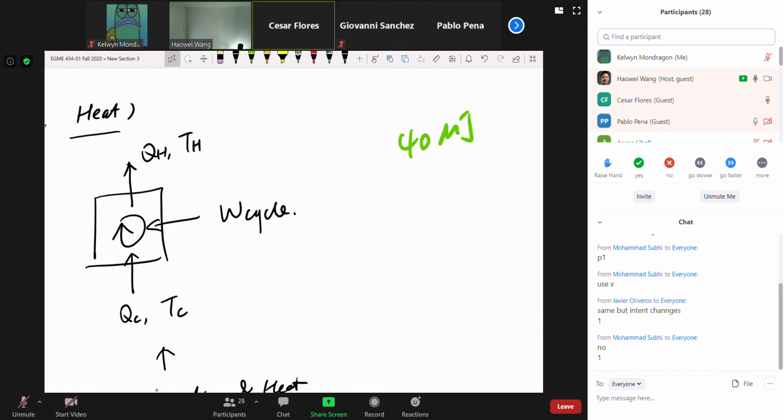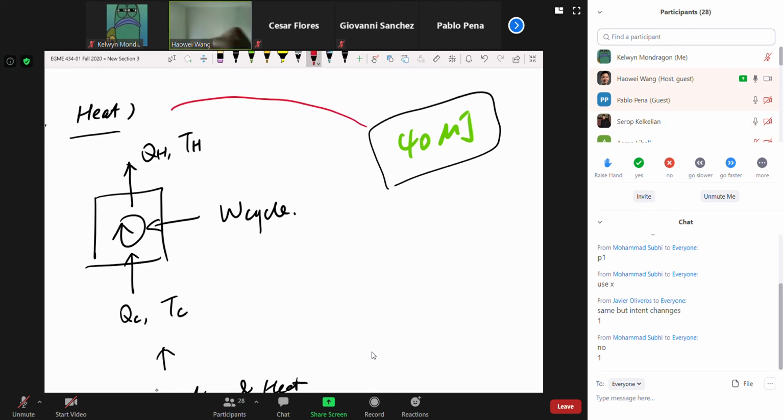W cycle is what? W cycle is electricity. And I tell you, to warm up the house, you need 40 megajoules of heat. Which one is that? It is QH. QH is given to you.